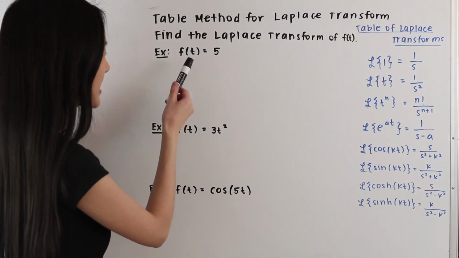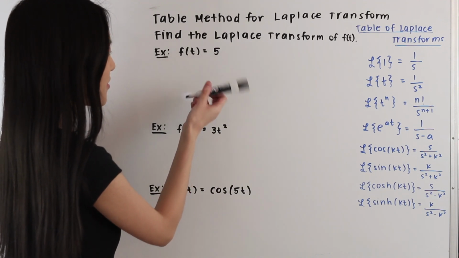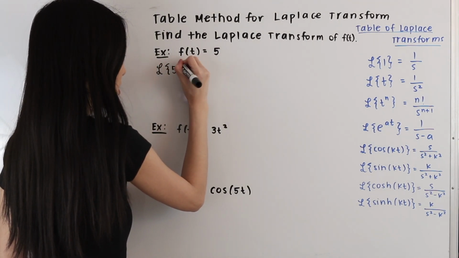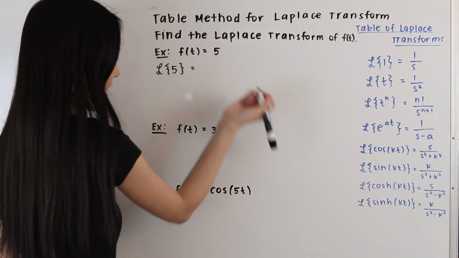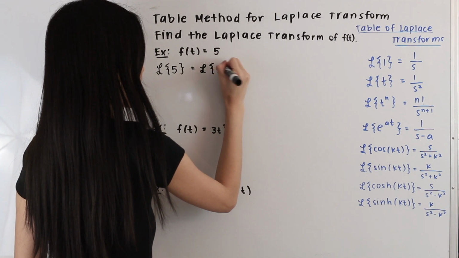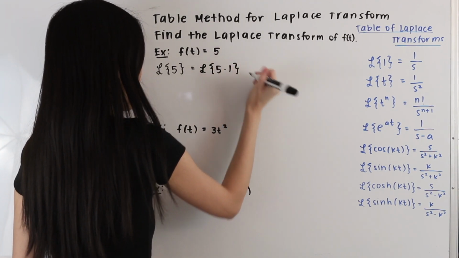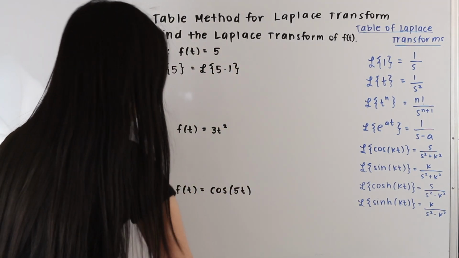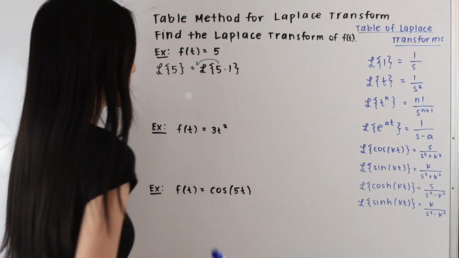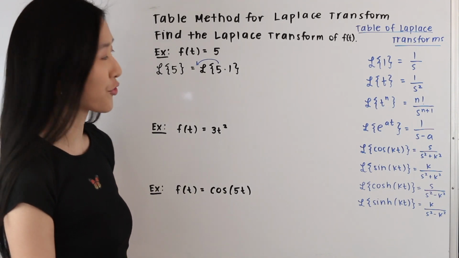So in this first example, we have f of t is equal to 5. So let's go ahead and take the Laplace transform. So we have the Laplace transform of 5, and we can rewrite this as the Laplace transform of 5 times 1. And from here, we can pull this 5 outside of the Laplace transform because the Laplace transform is a linear transform.